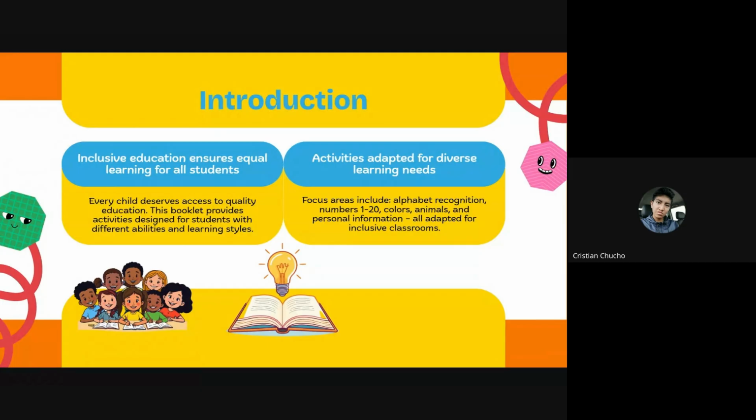Also, we provide activities adapted for diverse learning needs. We focus on areas like alphabet recognition, numbers, colors, animals, and also personal information. All are adapted for an inclusive classroom with different activities to face these needs that we have as teachers.